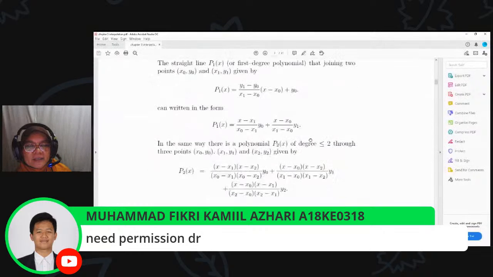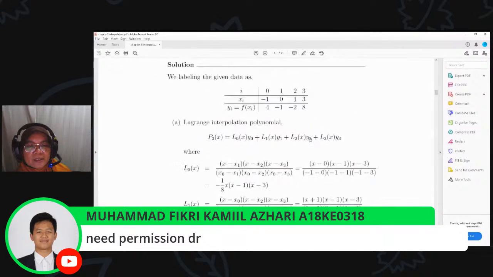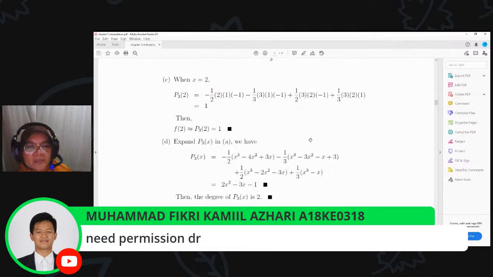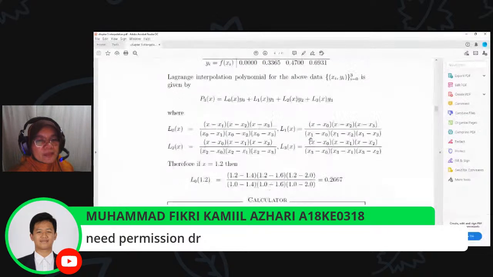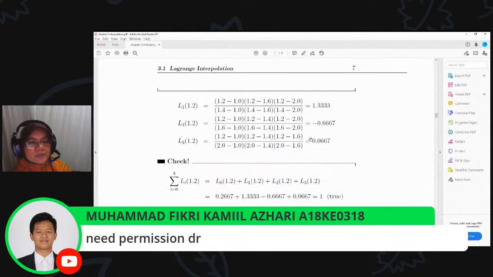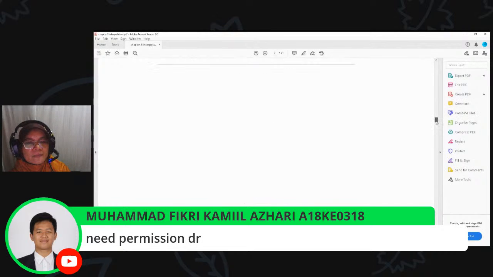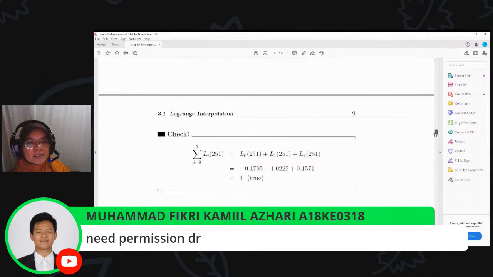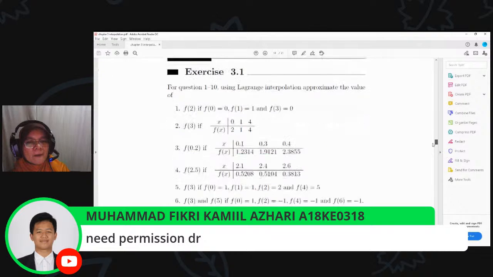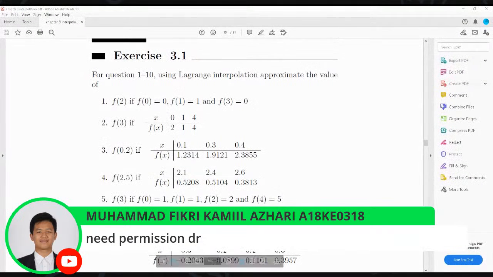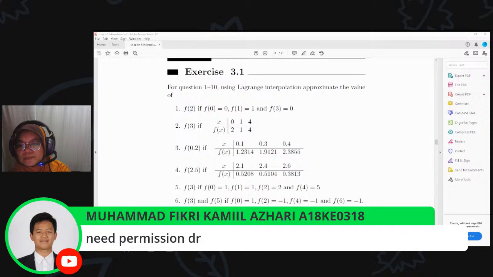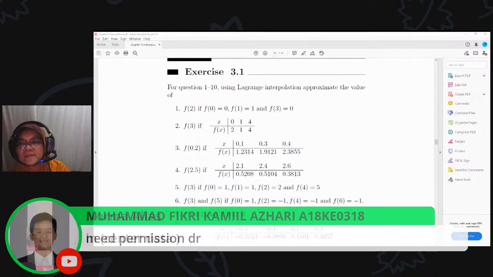You find here we already learned about the Newton divided formula. We go to the exercise here. Let's go to the exercise.